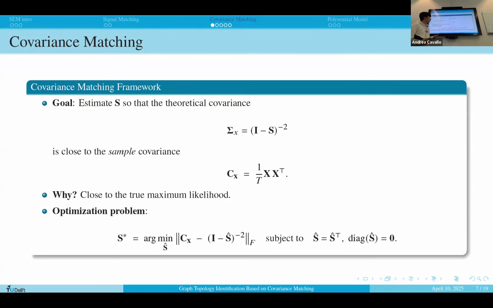And from the sample, we can also get the sample covariance. So we want to make the sample covariance and the expected covariance, if we know S hat, as close as possible. And of course, we have the constraint on S.